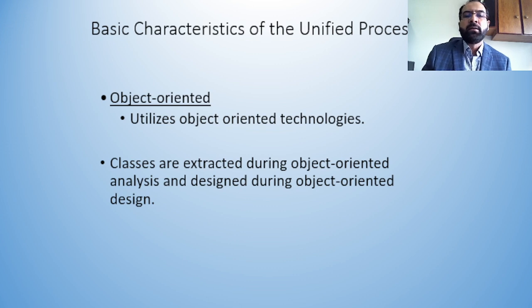So the major task is to identify those objects, then classify those objects, and develop the relationships among those classes and increase the detail level. It means including all those relevant methods and properties which are associated with those classes to have the formal design, and later that design can be implemented.